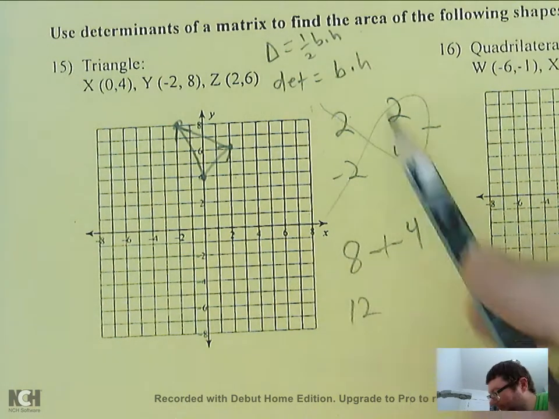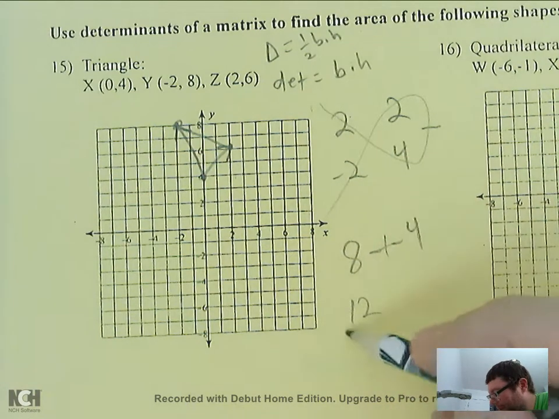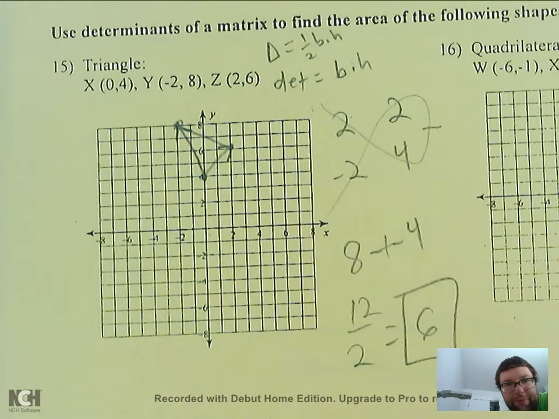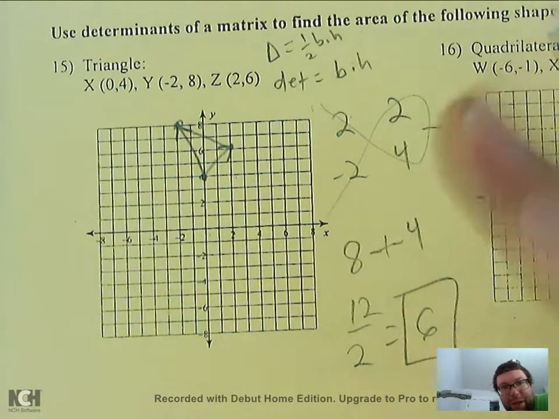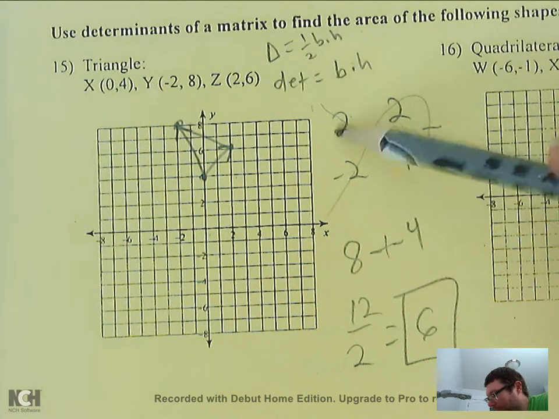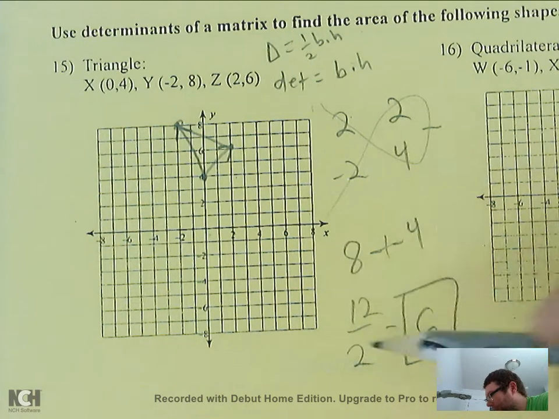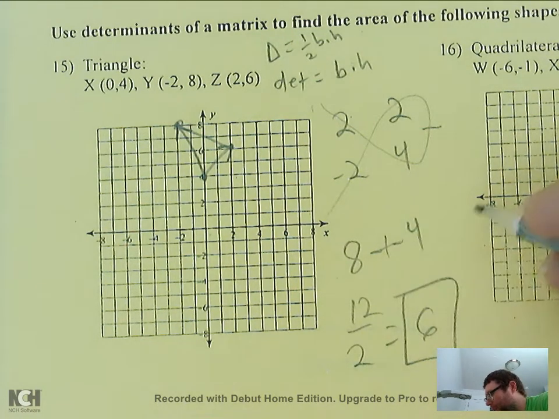That gives me the base times height, but again, the area of a triangle is half that, so then I divide it by 2, and it's going to be 6, is my answer. Now, does it matter which point I do first? No. If I put -2, 4 on top and then 2, 2, I would have gotten -8 minus 4.